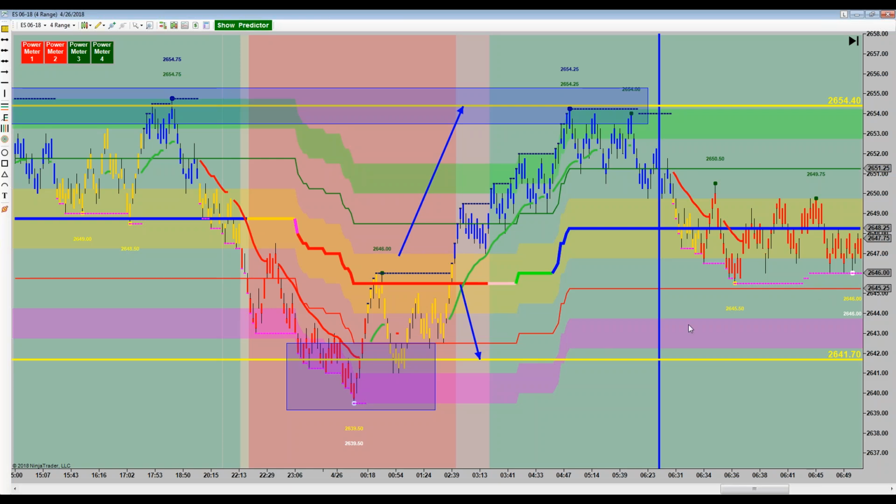Now, when you look at this chart in its current condition, if it was to go a direction or the other, would you say you're favoring the long side? Type in L. Or you're favoring the short side in its current condition going into 7 a.m. L for long, S for short.